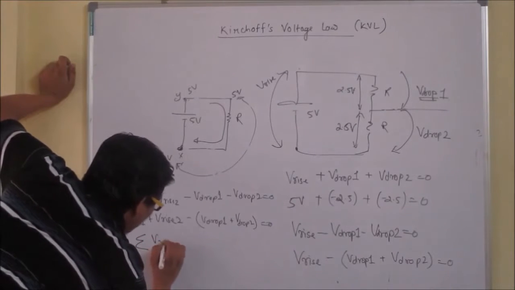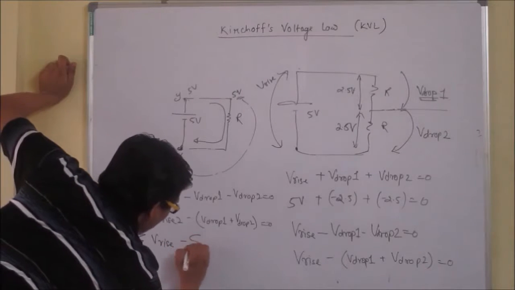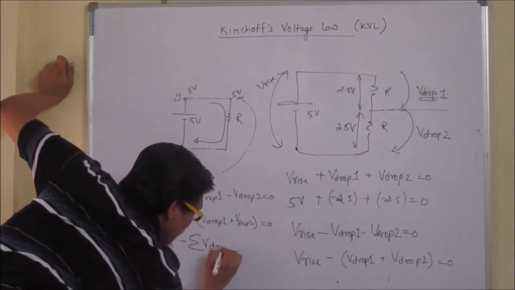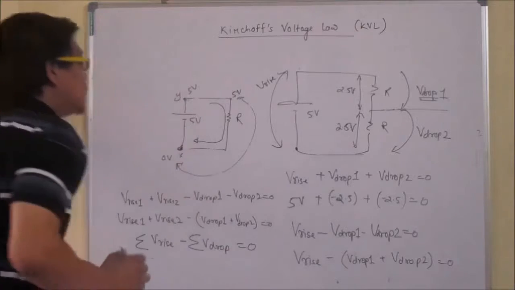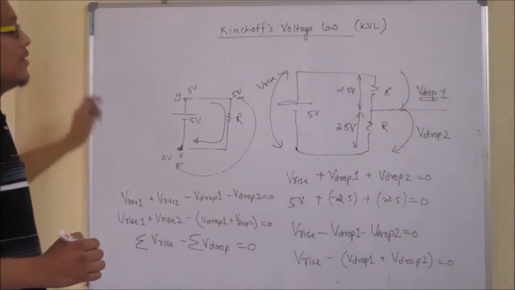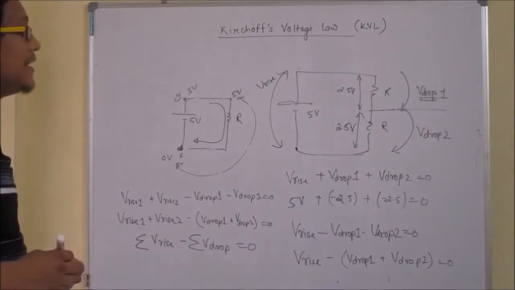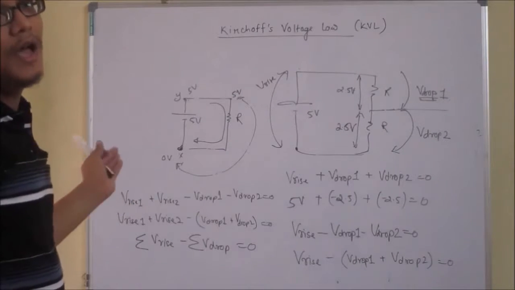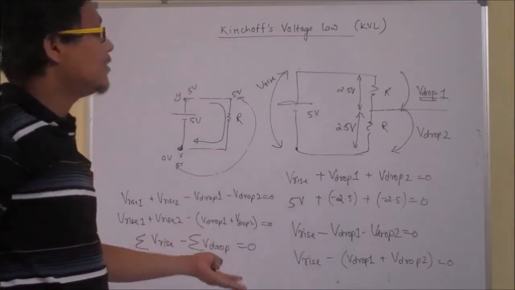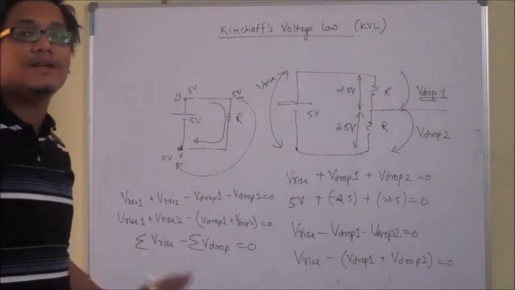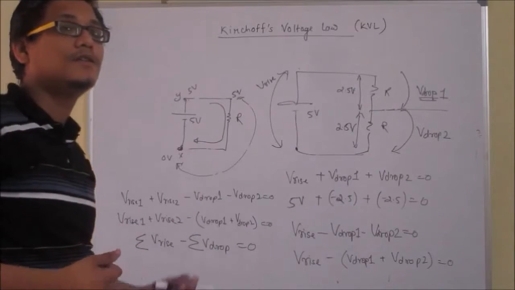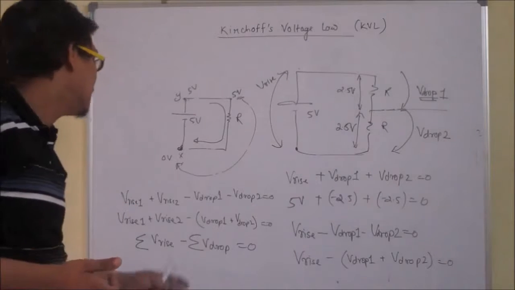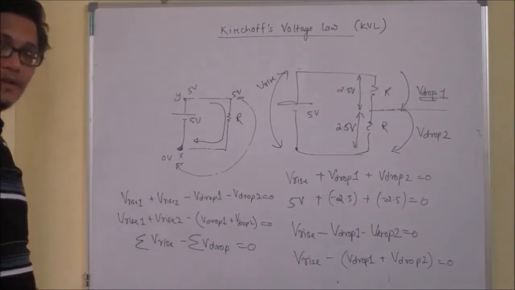Summation of V rise minus summation of V drop is equal to 0, because the net sum of all the energy given minus the net sum of all the energy consumed is equal to 0, as our circuit is not storing anything, it is just consuming the given amount of energy. Therefore, this is our equation.